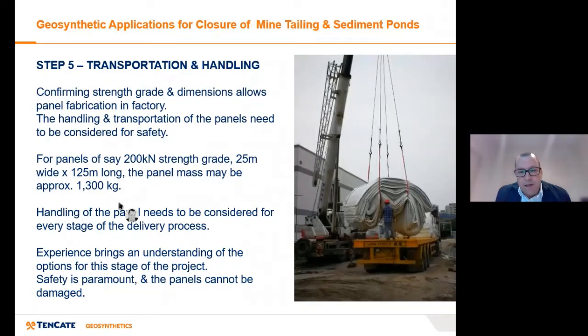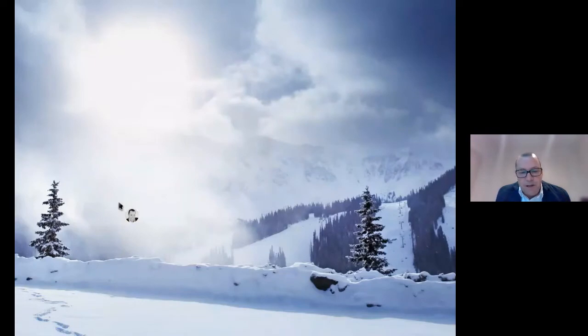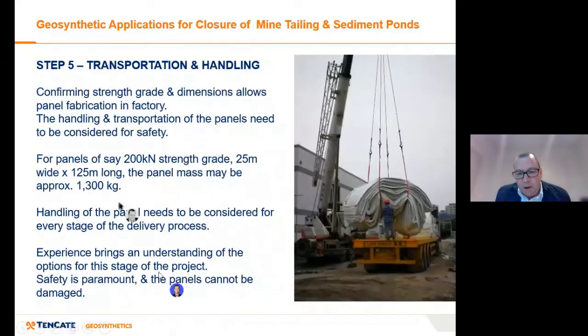So how you're going to handle it in the factory, and in and out of containers. Open top containers are generally used on road transport as well as on site. This is more around safety, but it's also making sure the panels don't get damaged along the way.